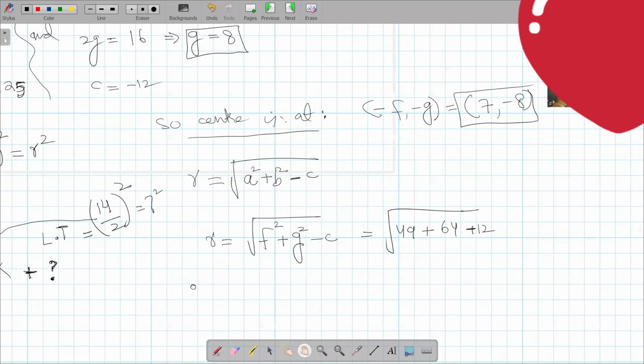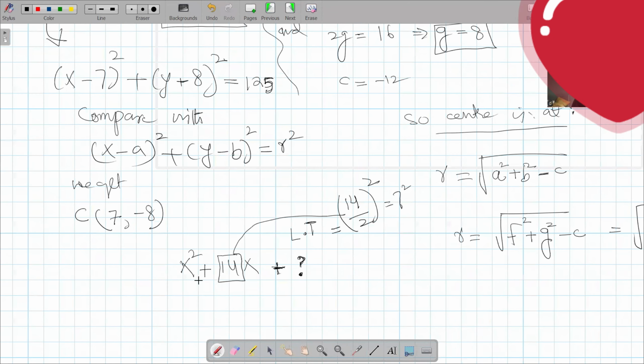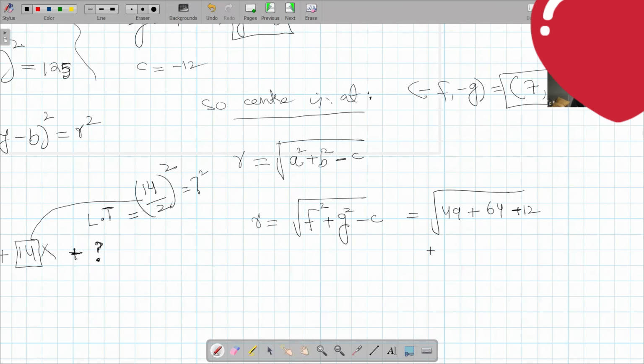This is the same we have got. And radius is square root of 125, and this is also square root of 125. So in both the ways, either comparing with the standard form or general form, you can determine center and radius.